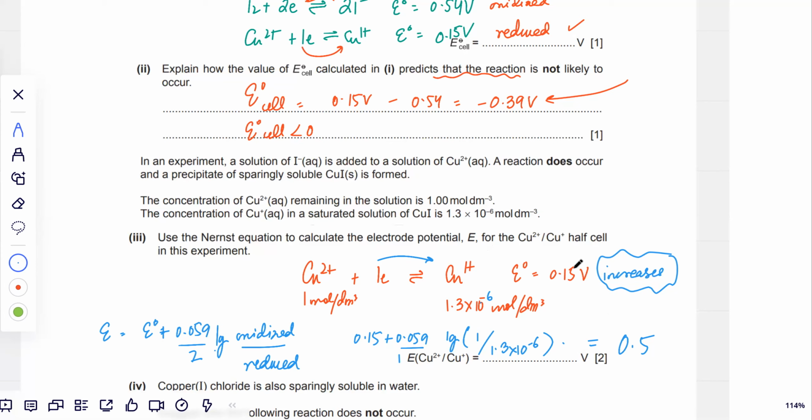So the concentration of I2 in solution is going to be very less. If it's very less, the equilibrium over here is also going to shift to the left, and if it shifts to the left, this is going to become lower. So if this becomes 0.5 and this decreases and becomes, let's say, 0.45, then you're going to get a positive value and the reaction will happen. Is this point clear?